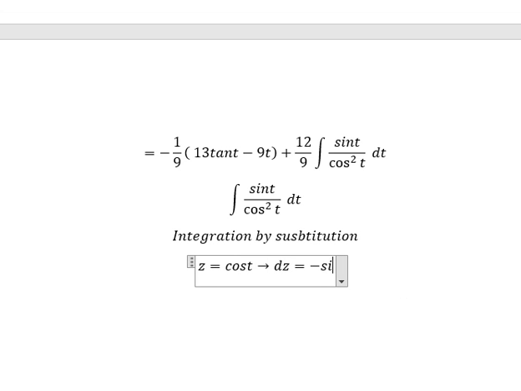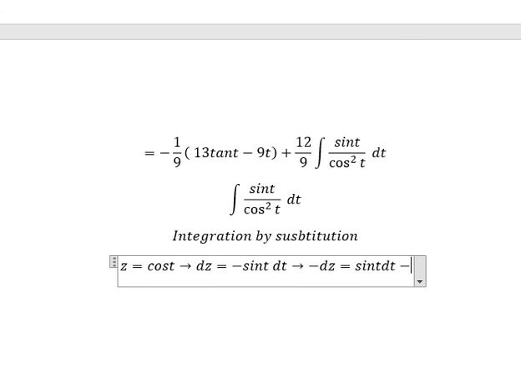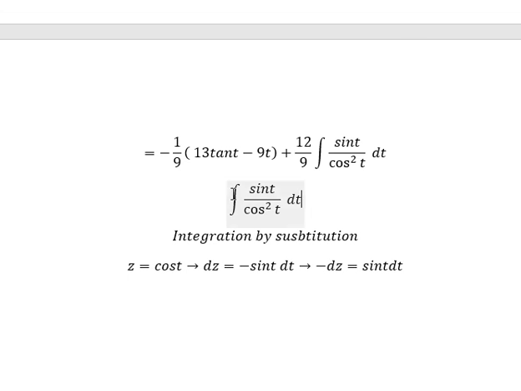You get negative sine t dt. Because we don't have the negative sign in here, I will put the negative next to dz. This one we have z square sine t dt, we change by negative dz.